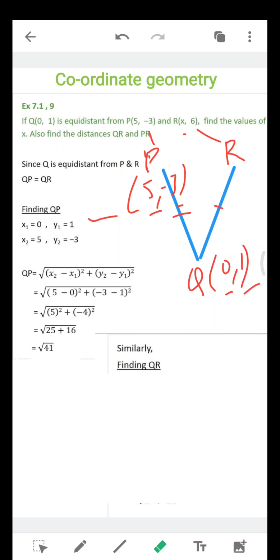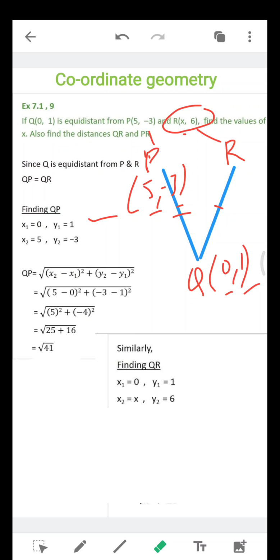So for Q and R, x1, y1 will be 0, 1 and x2, y2 will be x, 6, because the coordinates of R are x, 6. You can clearly see here. So coordinates of x2, y2 are x, 6.